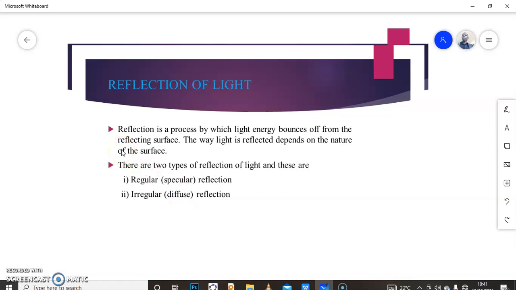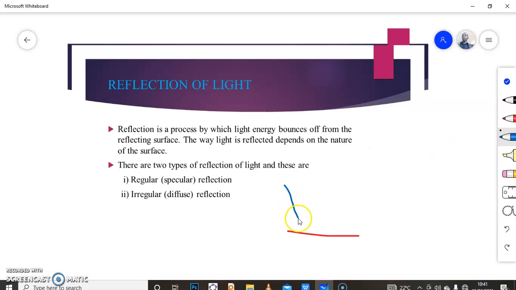So reflection of light is a process by which light energy bounces off from the reflecting surface. Reflecting surface is the barrier that obstructs the light ray as it moves. So if I have my barrier there, and then a light ray is incident on it, it is going to bounce back, and that bouncing back is what we call reflection of light.